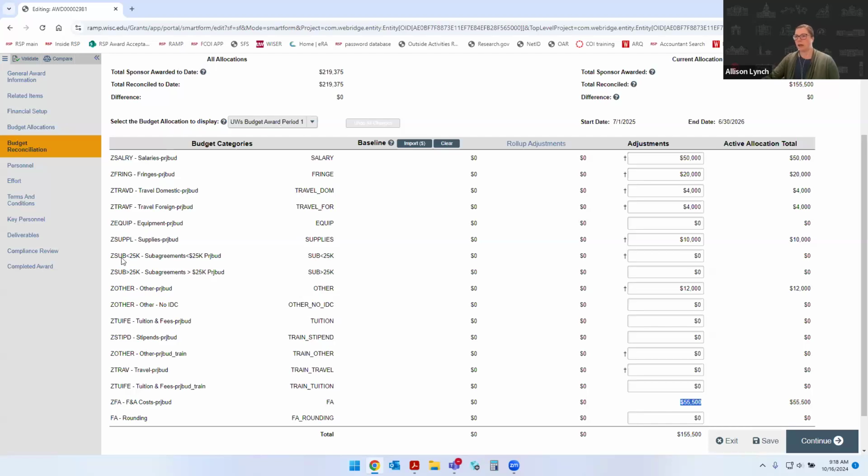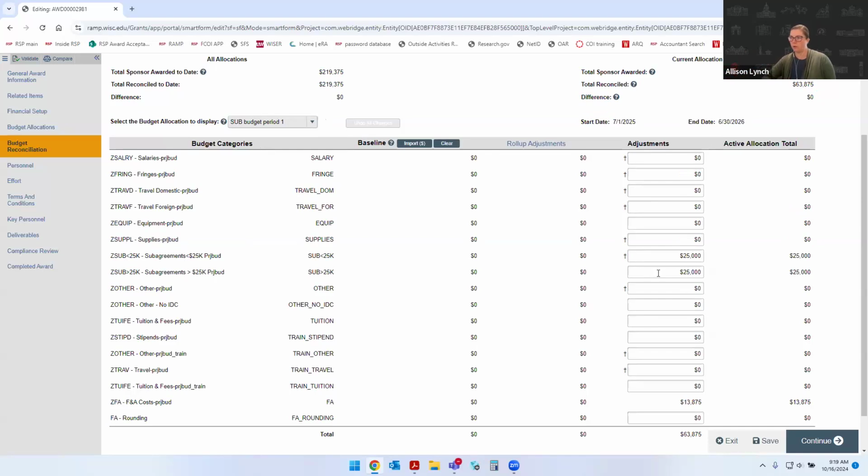Notice here that we did not enter any funds in this line or this line. So the sub less than and greater than $25,000, those lines are reserved for GM 15 projects. So outgoing sub projects should only use these 2 lines, sub greater than or less than 25,000.